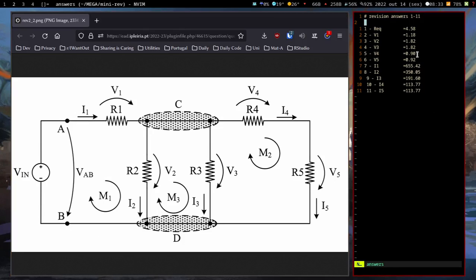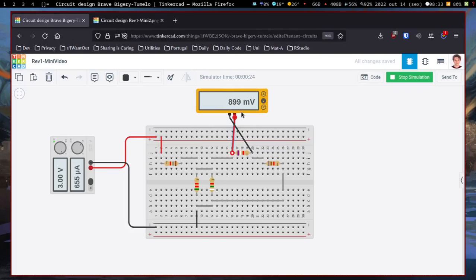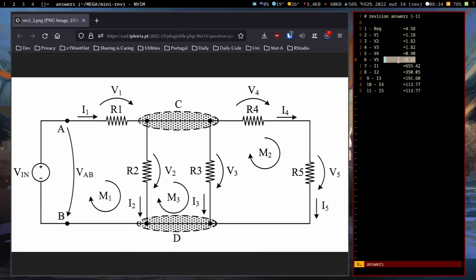Okay, this is V4, 0.90. We have 899 microvolts, so yeah, we can just put it as .9 and call it a day. Next. 0.921 volts here.